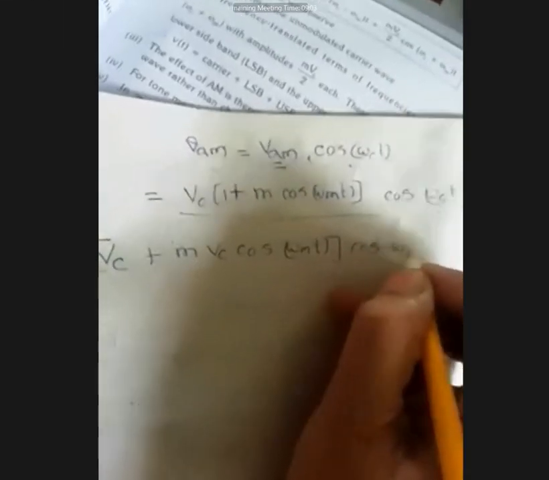Now do the cross multiplication. Simply do the product. Vc into 1 is Vc, plus m into Vc into cos omega mt, and cos omega ct here we have. Now again do the multiplication with the cos omega ct.